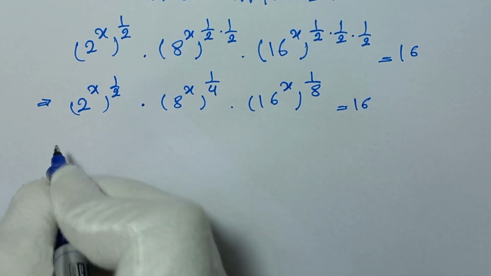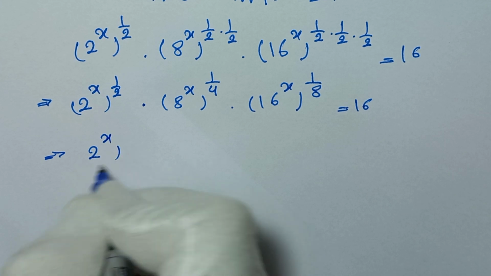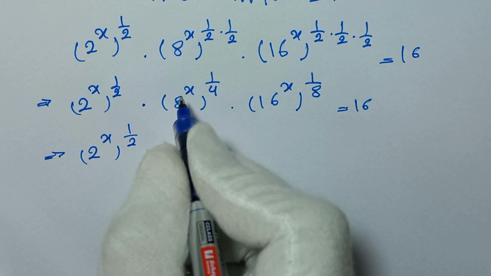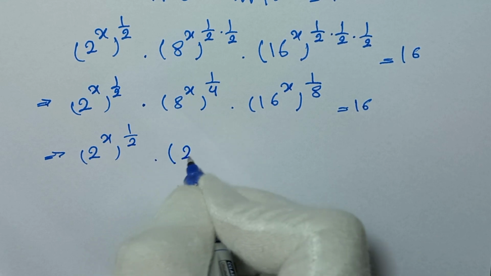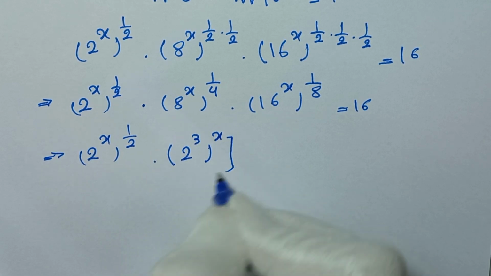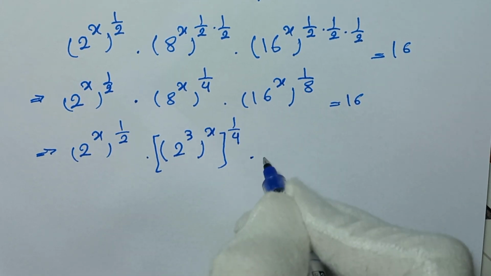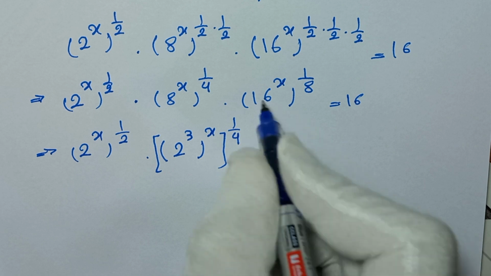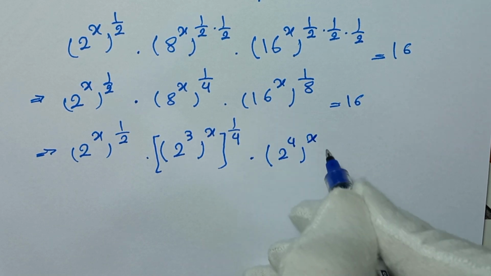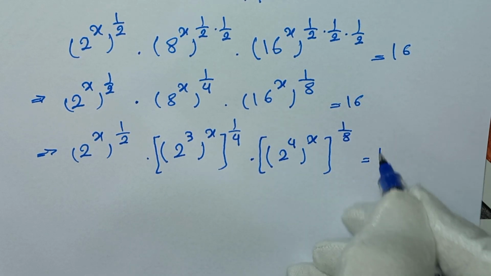In the next step, we can write 8 as 2 to the power of 3, and 16 as 2 to the power of 4. So it will be 2 to the power of x to the power of 1 over 2, times 2 to the power of 3 to the power of x to the power of 1 over 4, times 2 to the power of 4 to the power of x to the power of 1 over 8, is equal to 16.